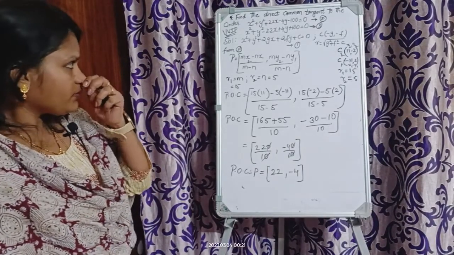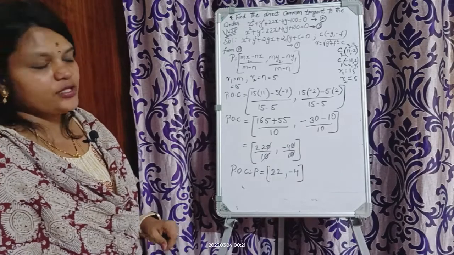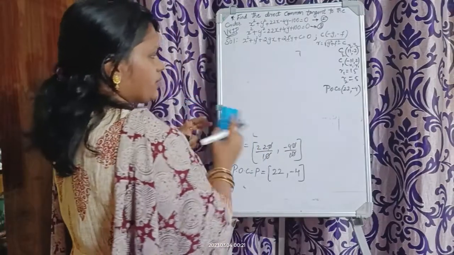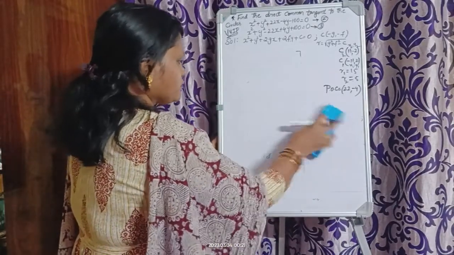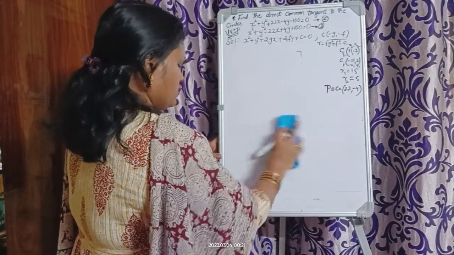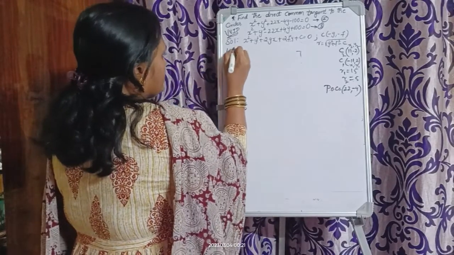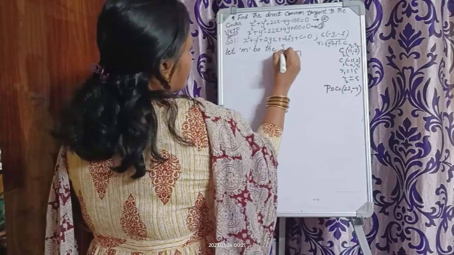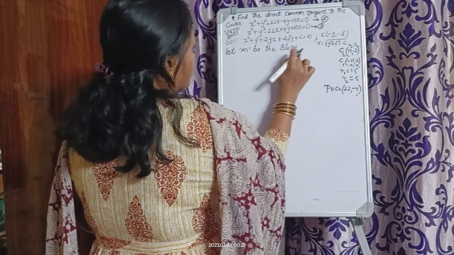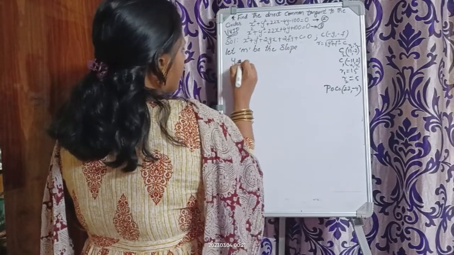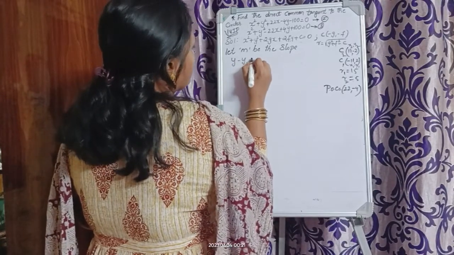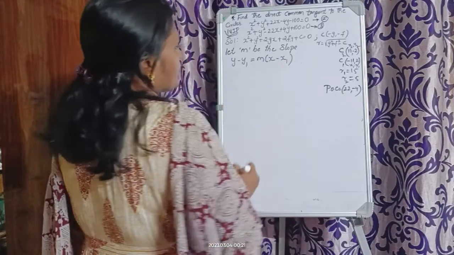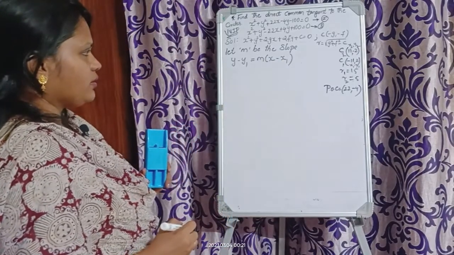Now, in order to find the direct common tangent, first we need to find the slope, right? So let m be the slope. Then we have y minus y1 is equal to m into x minus x1, right?